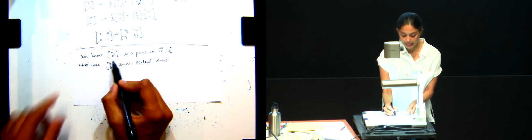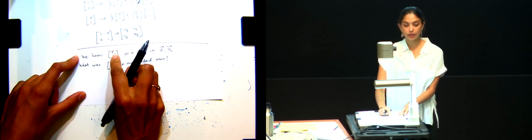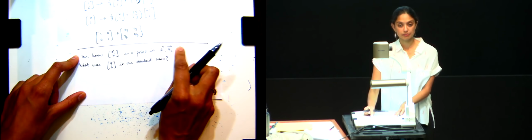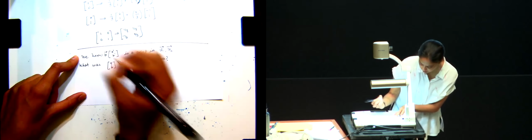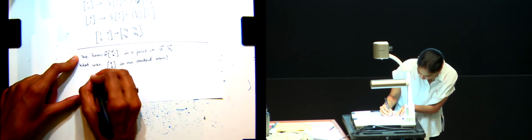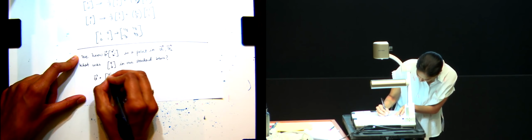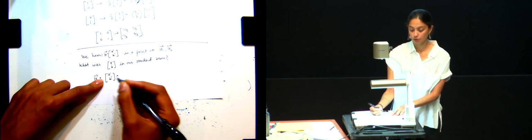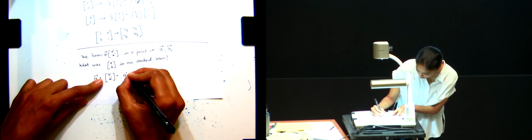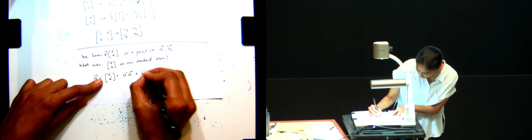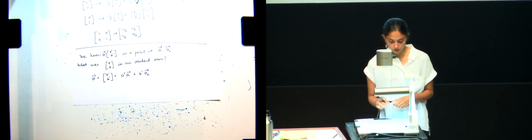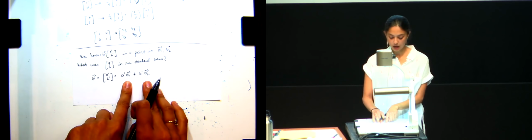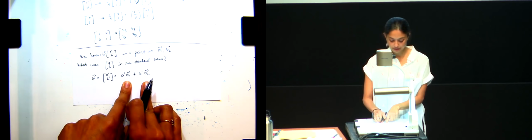If I know that A prime, B prime is a point in V1, V2, that means A prime, B prime are the coordinates of this point in V1, V2. Let's call this vector V. So V is equal to A prime, B prime, where A prime is the coordinate along V1, so A prime V1 plus B prime V2. But can I write this as a matrix multiplying a vector?